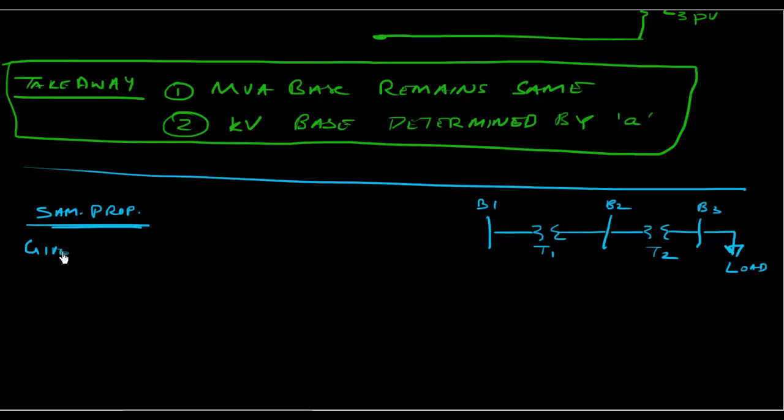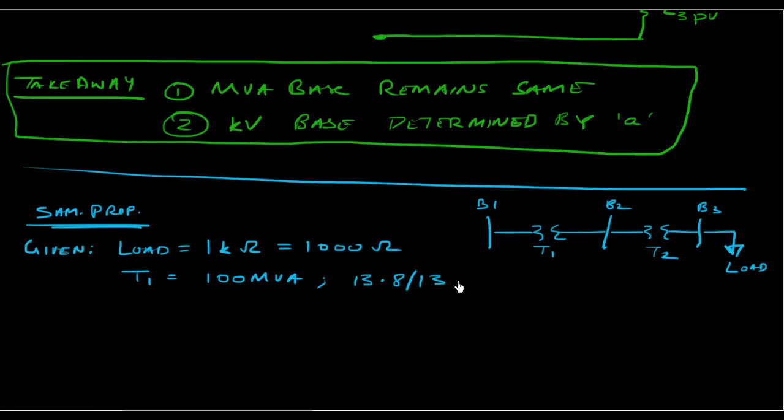You are given that your load value is 1 kilo ohms. So basically 1000 ohms. Your T1 is, let's say, a 100 MVA transformer with a 13.8 kV primary and a 138 kV secondary, and it has an impedance of, let's say, 10%.